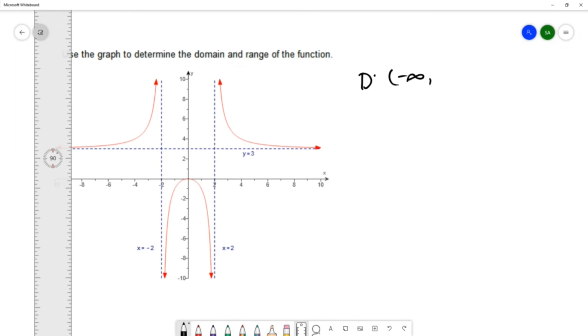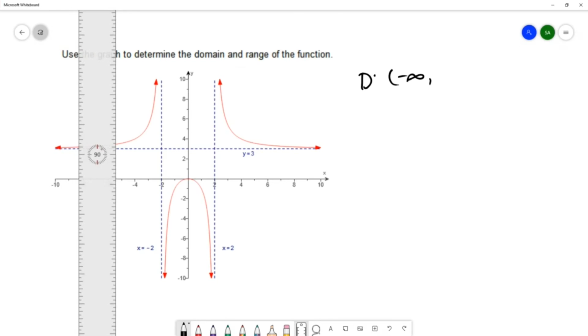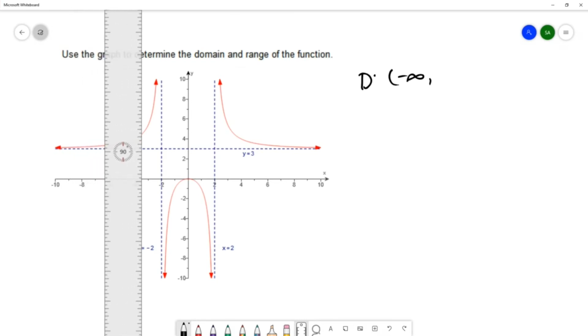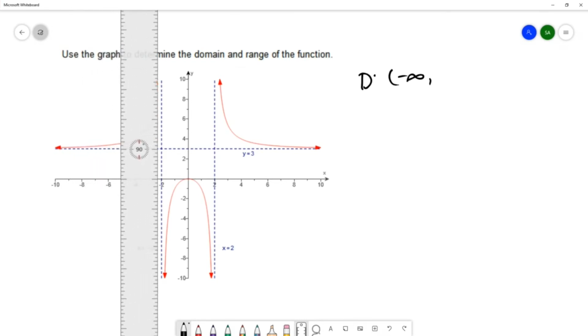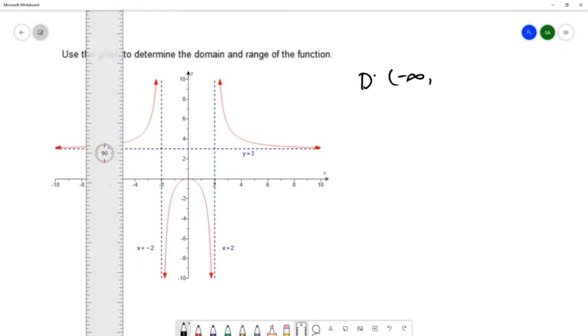So as I keep moving to the right, I'm hitting the graph. I continue to hit the graph. And then we reach this dashed line here. Hopefully you remember what I mentioned is that my graph will continue to get closer and closer to that vertical line without ever reaching it.